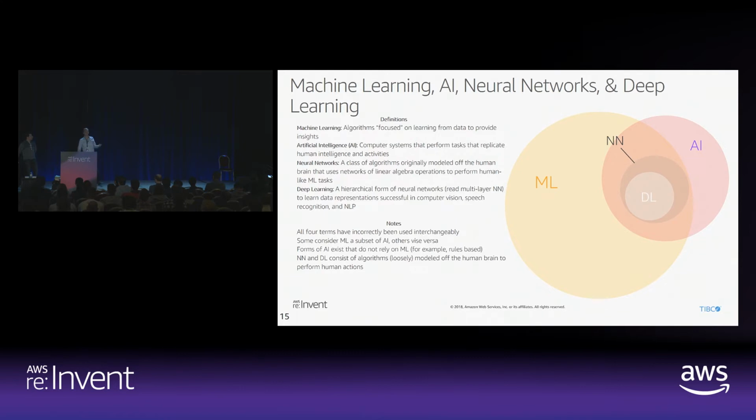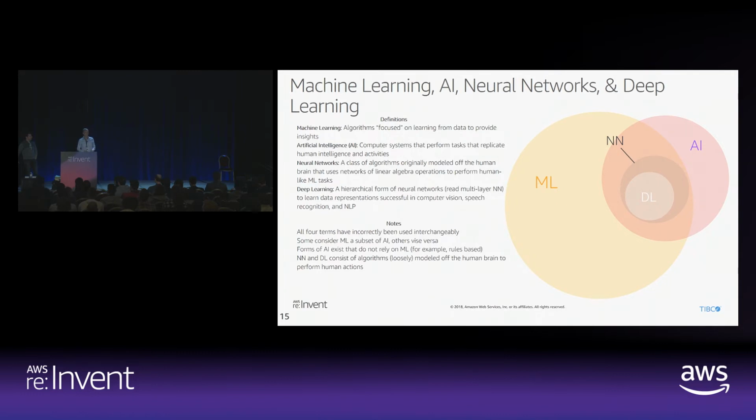Human beings are horrible at drawing lines, but linear regressions are actually pretty good at it. While for artificial intelligence, there are forms of AI that are not based around data. Originally, a lot of AI was rules-based. Now, of course, the more recent and more sexy forms of AI are more related to data, but that is not all cases of AI. So that's why I break them apart into 2 overlapping circles.